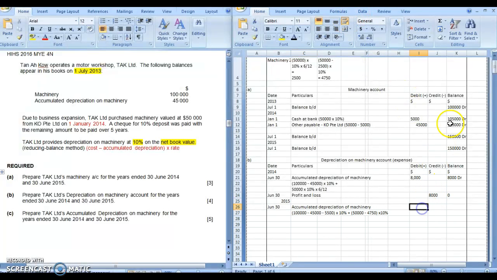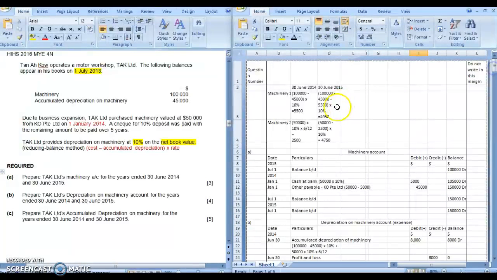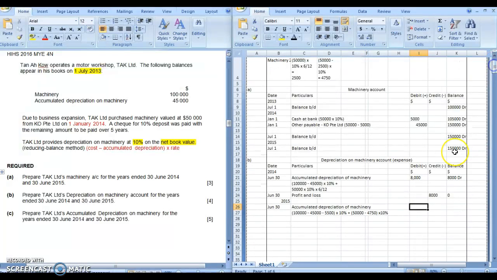So here the amount, if we add it up, we're gonna get about 9,600 or 9,700. And here we are going to have a 9,700 debit, and on the same day we will have to close it off to the profit and loss.